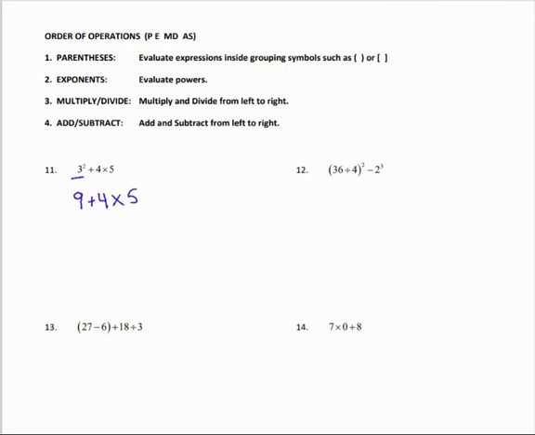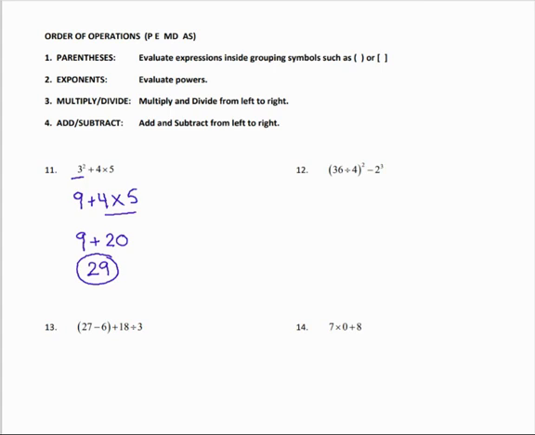Next, we have addition and multiplication. So if we look at PEMDAS, multiplication comes next. So we're going to take the 9 down, but we're going to actually do 4 times 5, which is 20. And then 9 plus 20 is 29. Okay.